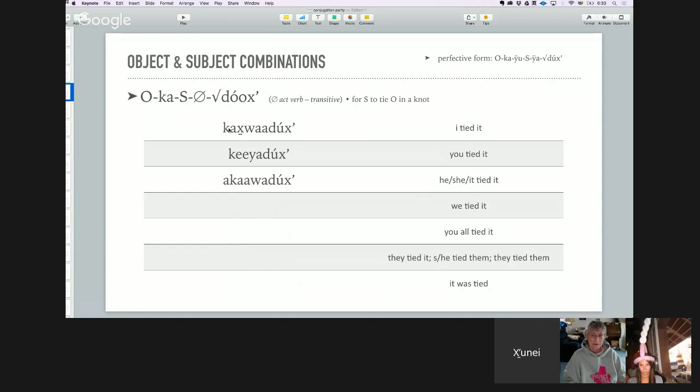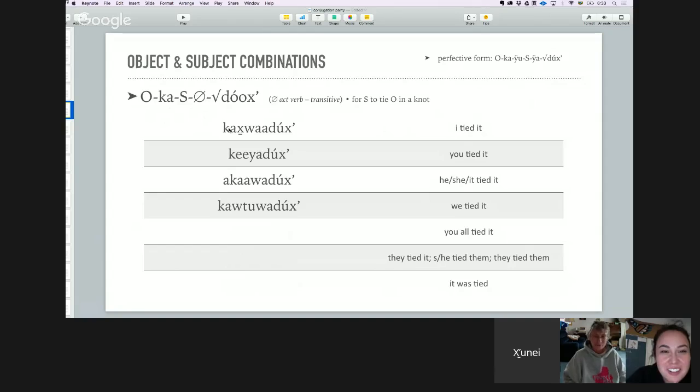We tied it. Tuwaduch. We left out the ka, or at least I didn't hear the ka on there. Katuwaduch. Kautuwaduch. So here we got the perfective in there. And we're going to see similar things down here.